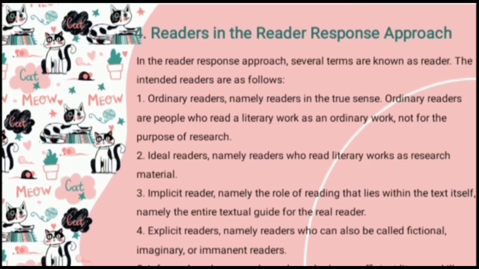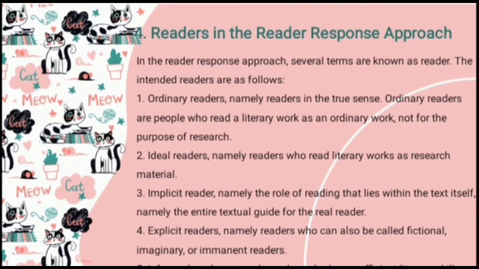Readers in the reader-response approach. In the reader-response approach, several terms are known for a reader, as follows. The first is the ordinary reader, namely a reader in the true sense. Ordinary readers are people who read a literary work as an ordinary work, not for the purpose of research.